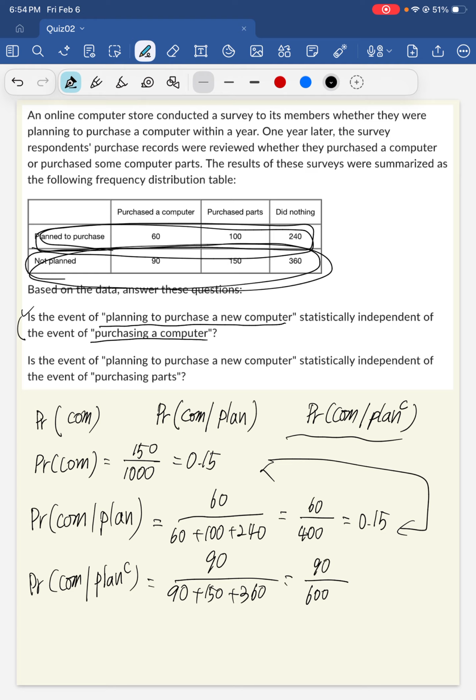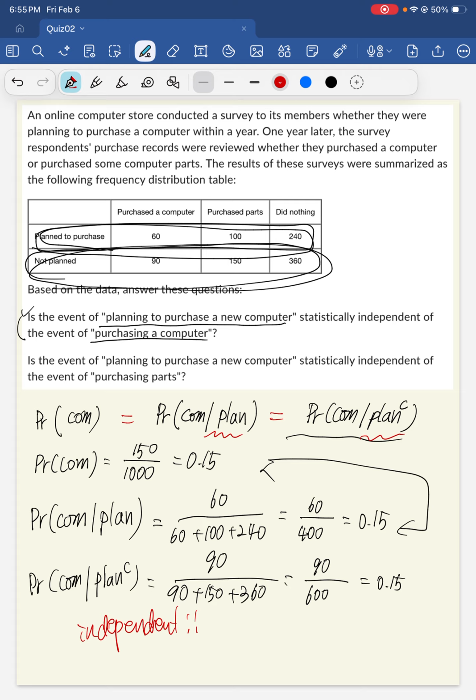Out of 600, 90 bought a computer. If you calculate this number, you will also see it is 15%. That means all these probabilities are the same. So the probability of buying a computer is independent of whether you planned it or not. In that sense, they are independent.